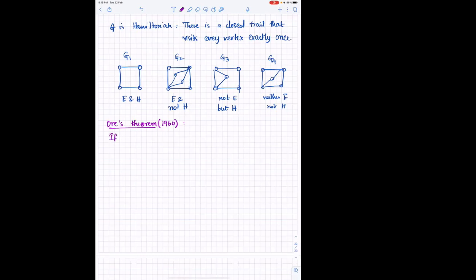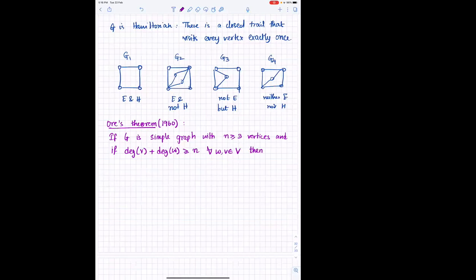Let's say that G is a simple graph with at least 3 vertices, and if you look at the degree of any two vertices, this degree is at least. Is the statement clear?